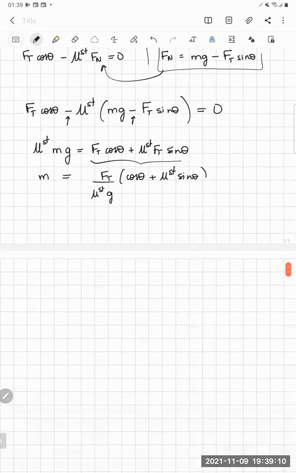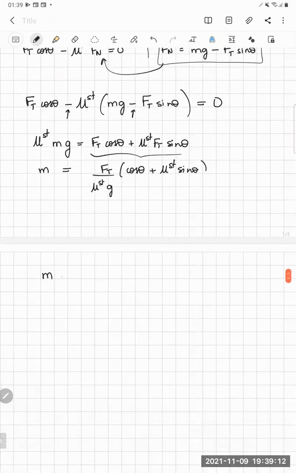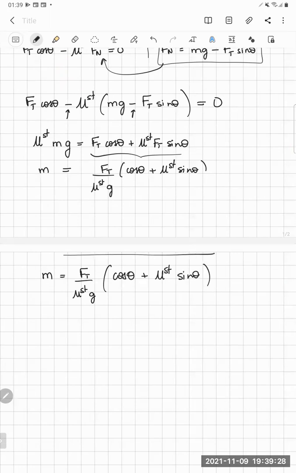Let me rewrite the same thing here. Mass is then the tension, this coefficient, and G. This is all numbers. Here we have what we care about, the angle: cosine of the angle, then the coefficient, and again sine of theta. This is the equation that we arrived at, as we wanted, an equation for the mass as a function of the angle. Perfect.